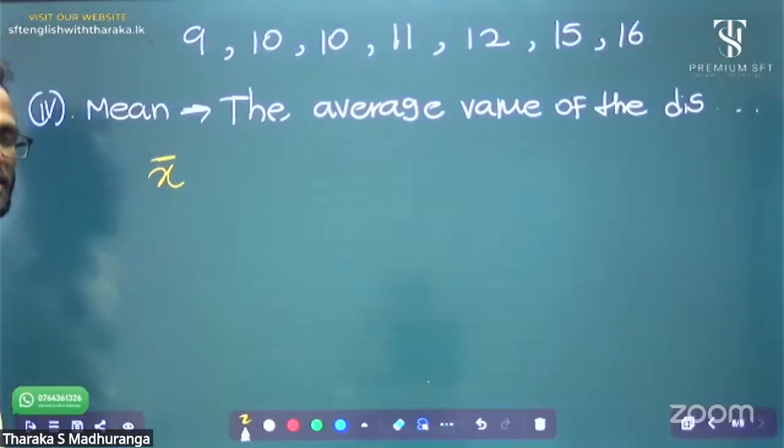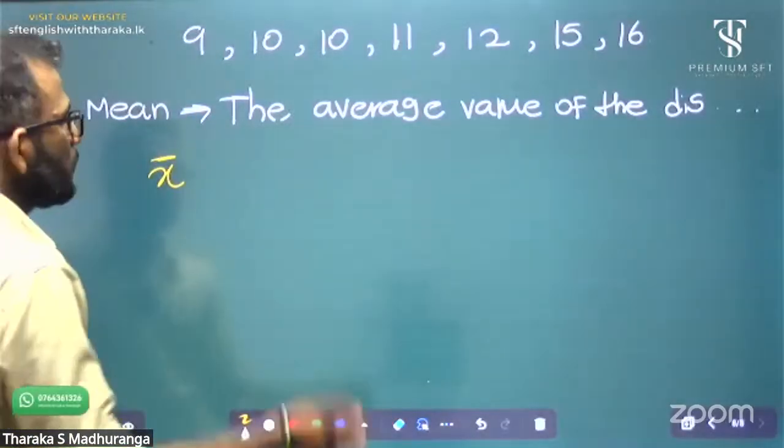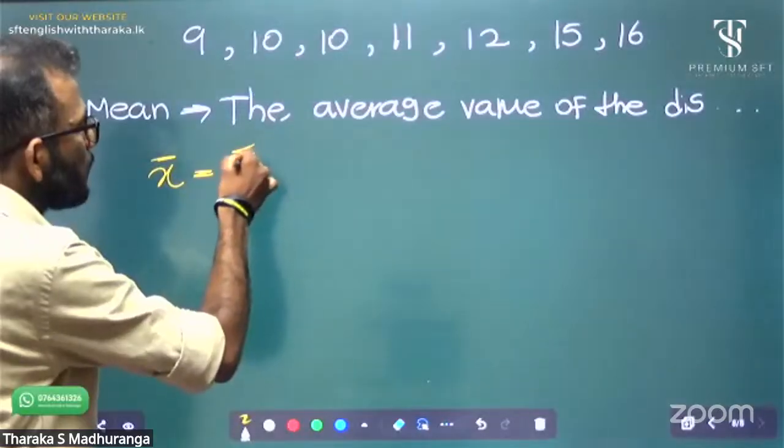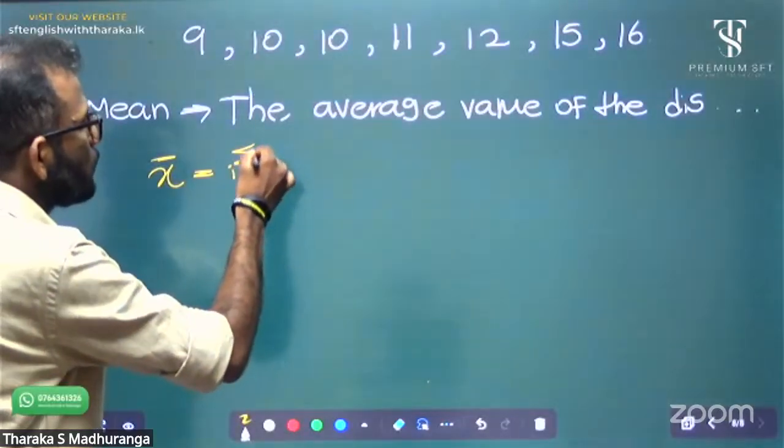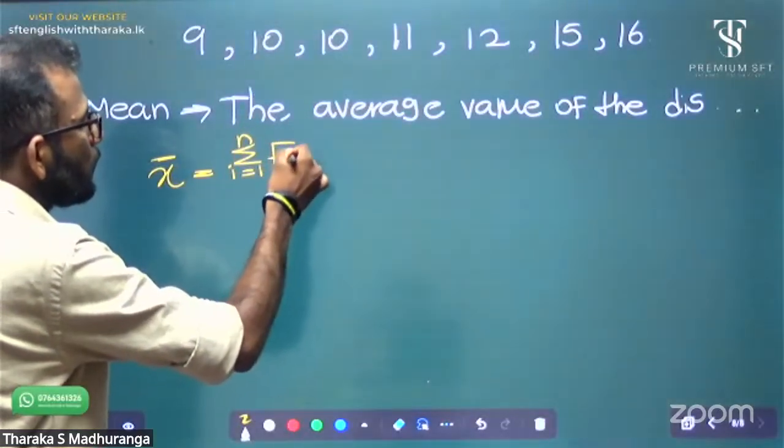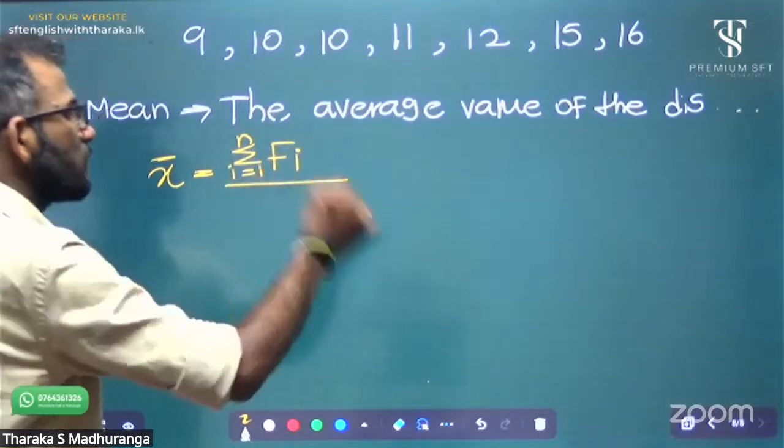X bar is the mean. Mean equals sigma i equal 1 to n of fi, divided by n. What's the meaning of that? Sigma means sum, addition.